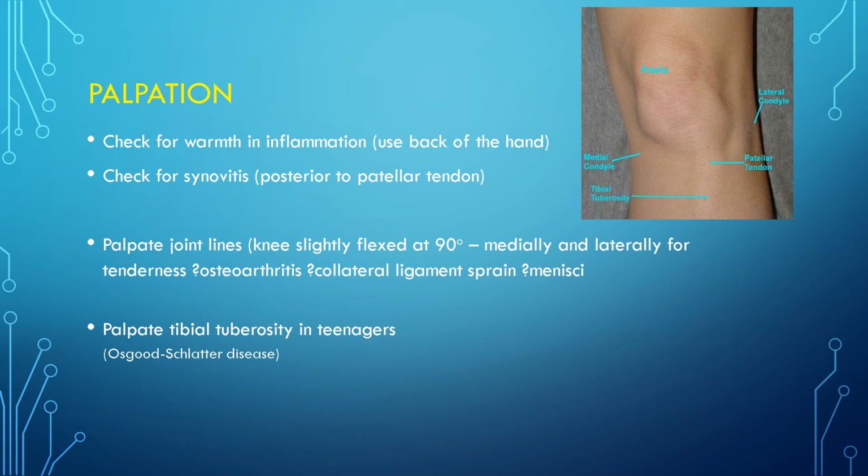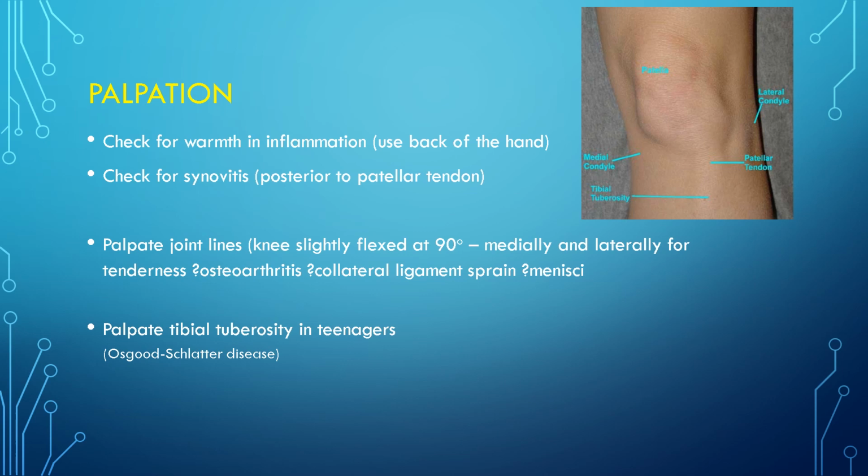You get a sponginess, a bouncy feel, and a tenderness with that. Then flex the knee to 90 degrees and move your finger along the joint lines both medially and laterally, pressing in to see if there's any tenderness. This could be due to osteoarthritis or a collateral ligament sprain or a meniscus tear.